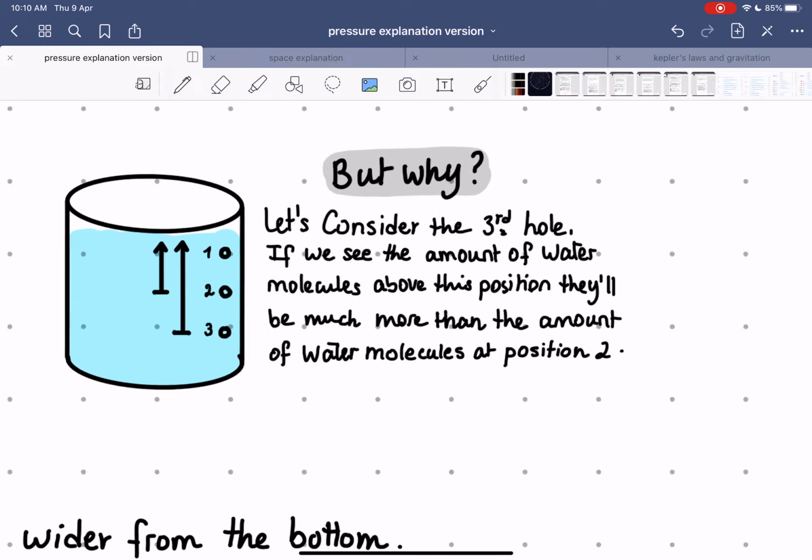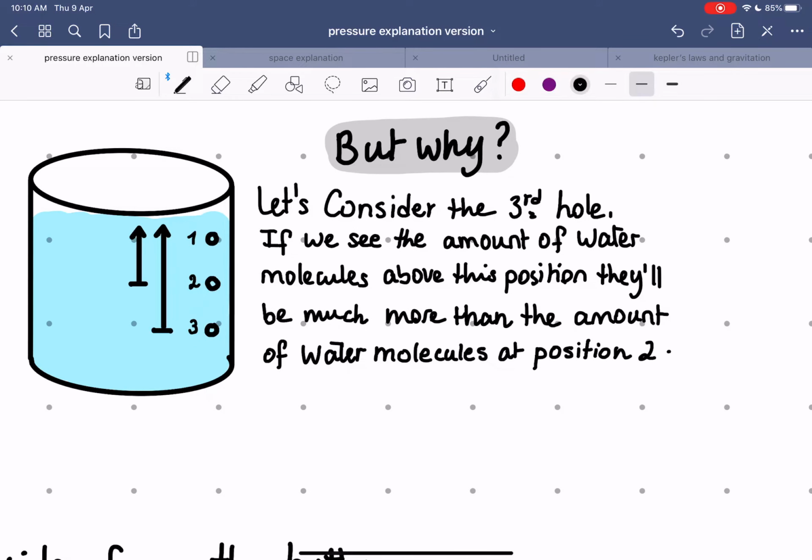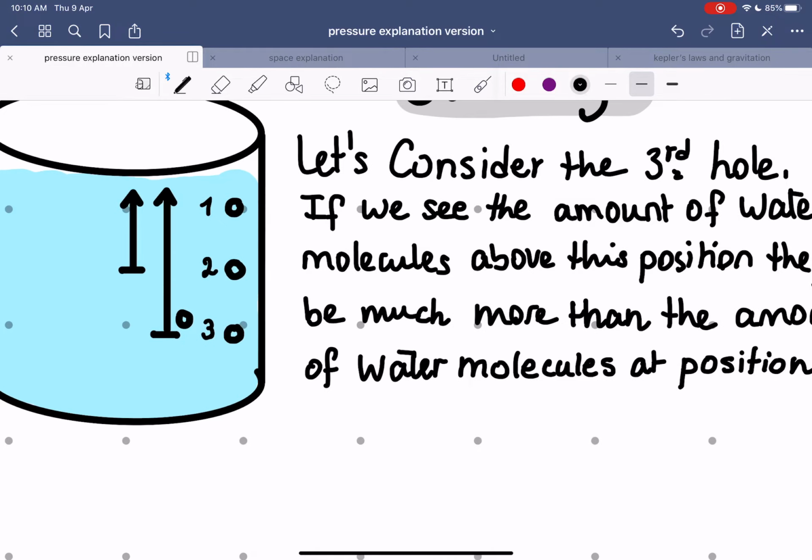That's because if we compare the amount of water weight above each position, we will see how on the third level, this is just theoretical, okay? So let's say I have 1, 2, 3, 4, 5, 6, 7, 8, so I have 8 molecules on top of each other. If I take this specific water molecule, you can see how it's carrying 1, 2, 3, 4, 5, 6, 7 above it.